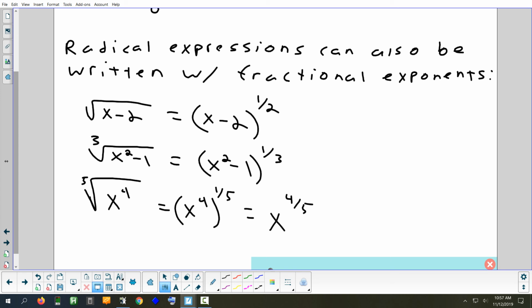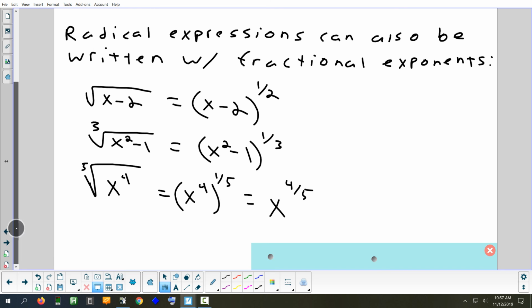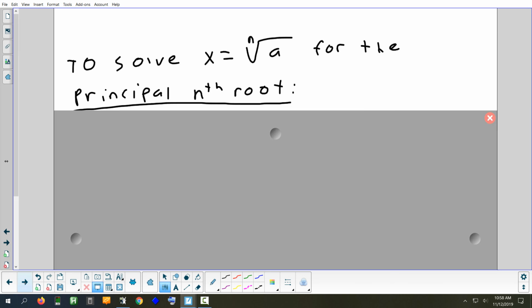But by the end of today, you should know how to type both of them in, so you could pick either one. This idea of having exponents instead of a root symbol is going to come up again when we do logarithms. Okay? So the most important one to remember is that square roots are to the 1/2 power.